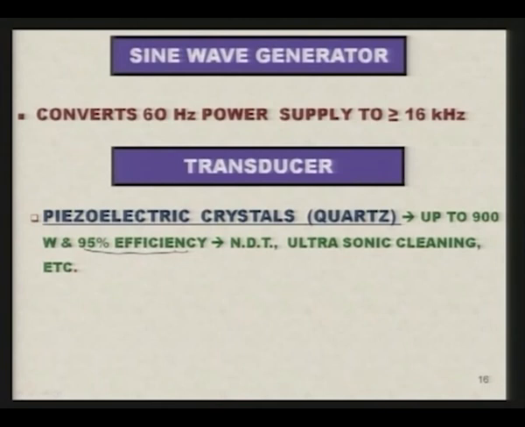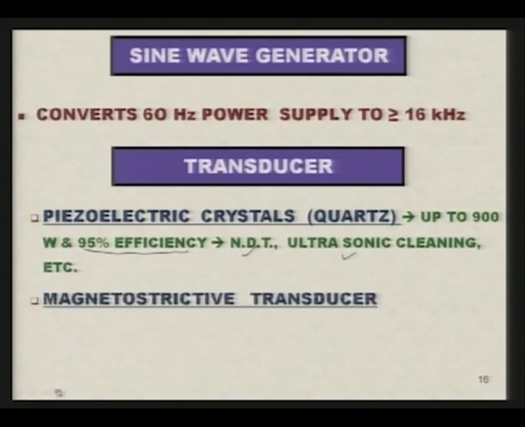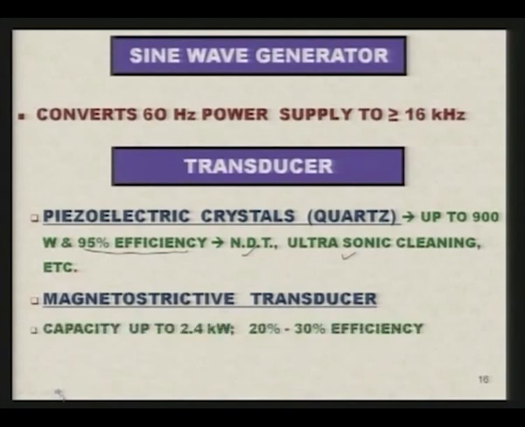Piezoelectric crystals are commonly used in non-destructive testing, that is NDT. They are also used for ultrasonic cleaning and some other applications. Even in very low power ultrasonic machining process, you can use the piezoelectric crystal for that purpose. Magnetostrictive type transducers have high capacity as compared to piezoelectric type of crystal.